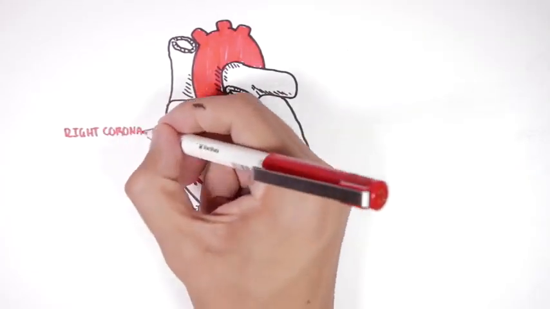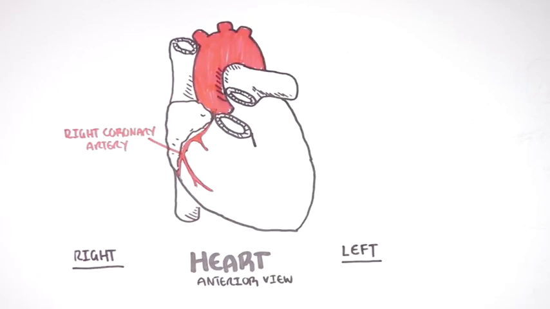Concentrating on the right coronary artery, it will divide into the right posterior descending artery that goes around the back, and we have also the acute marginal artery, the small part that you can see in the front. And these arteries from the right coronary artery will supply the right atrium, the right ventricle, and the sinoatrial and atrioventricular nodes, which are the conduction systems of the heart. Unfortunately, I have not drawn these names here.